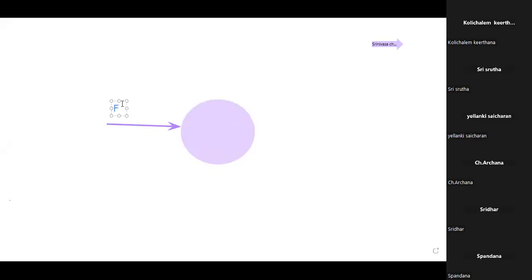A force is applied on the body in this direction. And what is happening here: the ball is moving in the same direction. So this is the direction of movement, we can simply call it the moving direction.